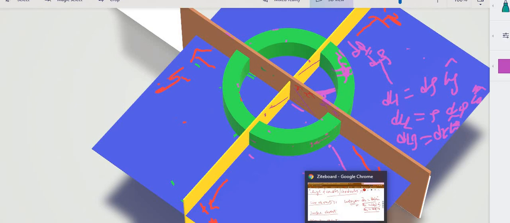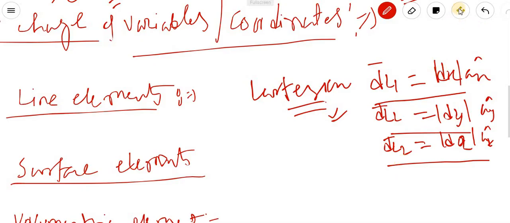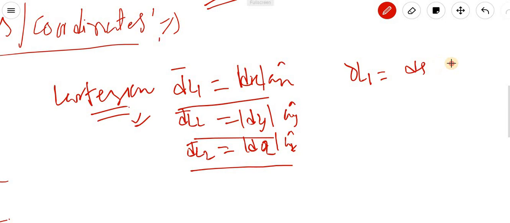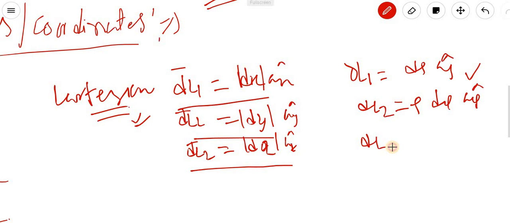So the line elements for cylindrical are dl1 equals d rho a rho in the direction of rho, dl2 equals rho d phi a phi, and dl3 is dz az. Clear?